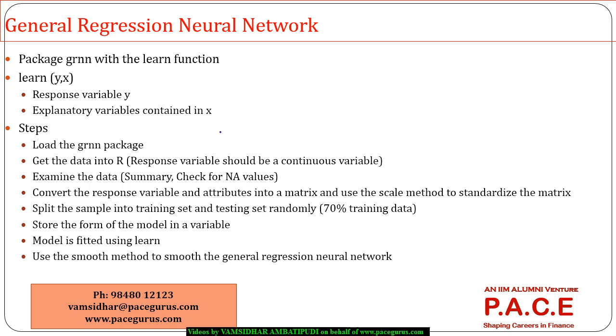All right. Now, getting on to general regression neural network, this can be implemented using the package grnn, and within that we have a learn function. So let me first install the package grnn, which represents general regression neural network.